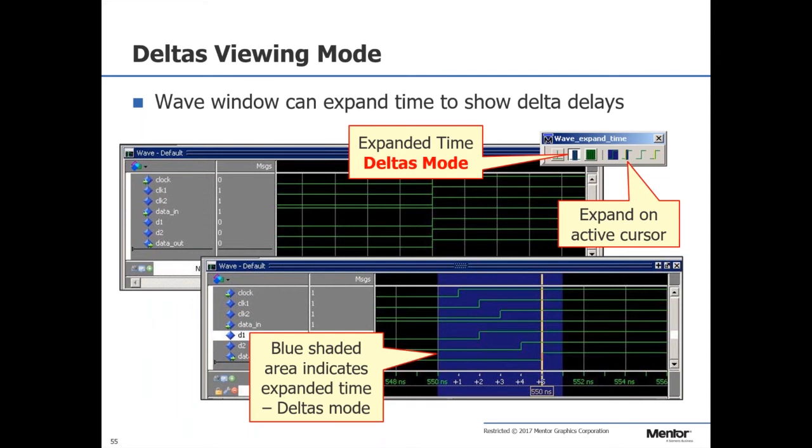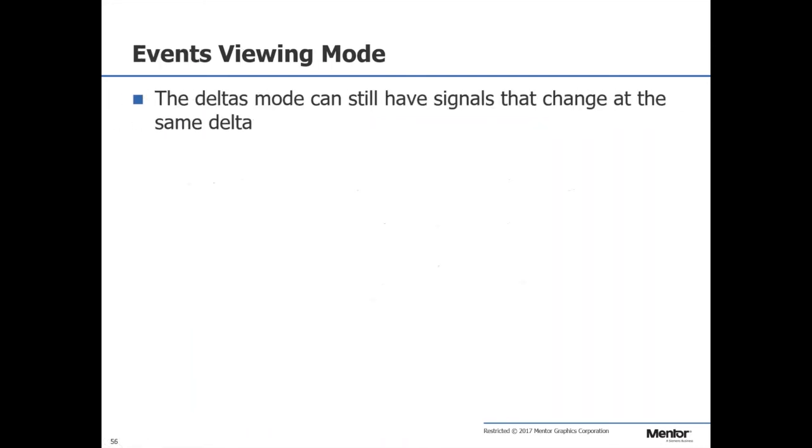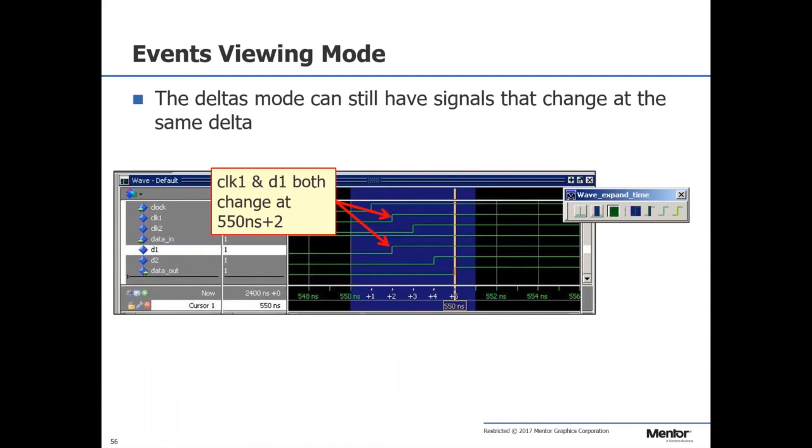Now, delta cycles are a VHDL construct, and you can see that even though I've expanded into this delta time, I still have 2 events that are occurring at the same time. So I push even deeper, and I can go into what's called simulation step time.